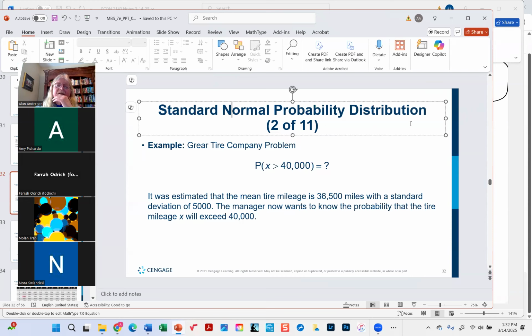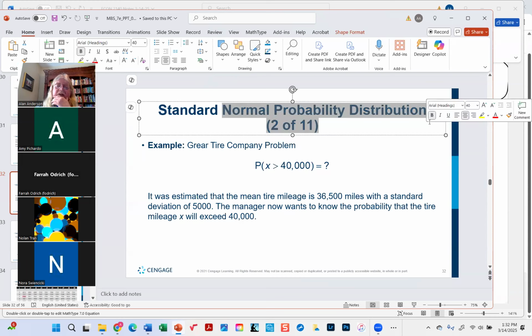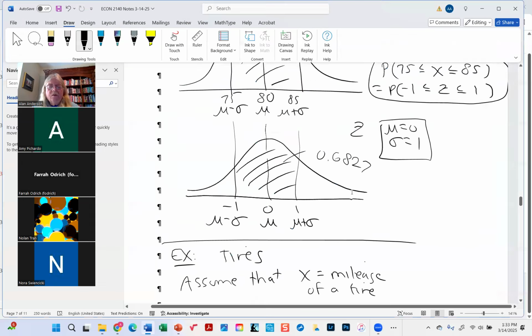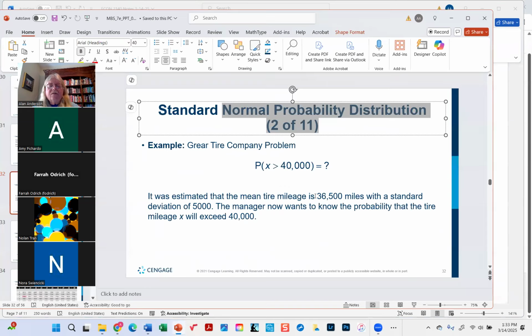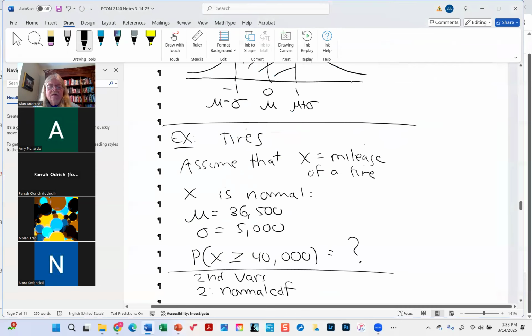I guess this is meant to be a hint up here, but if you notice, they never quite got around to saying the words X is normally distributed, but that's what we're assuming here. So that means that here X is normal with a mean of 36,500 and a standard deviation of 5,000. With that information, we'd like to know the probability that X is greater than or equal to 40,000.